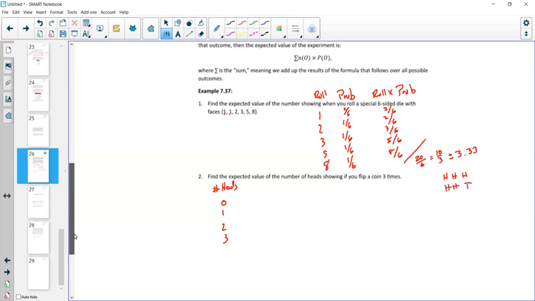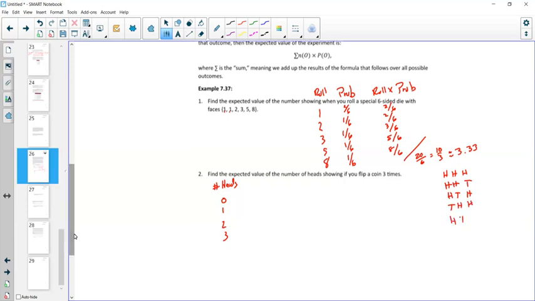Head, head, tails. Head, tail, heads. Tail, head, heads. Head, tail, tail. Tail, head, tail. Tail, tail, head. And lastly, tail, tail, tail. 1, 2, 3, 4, 5, 6, 7, 8. So there are 8 possible outcomes.